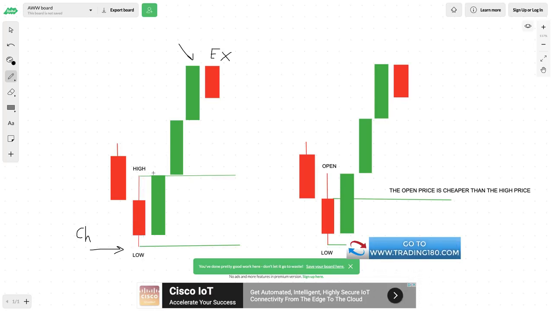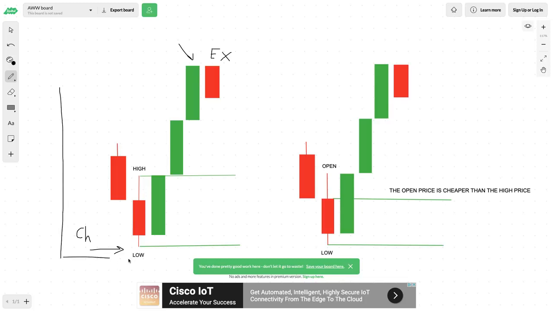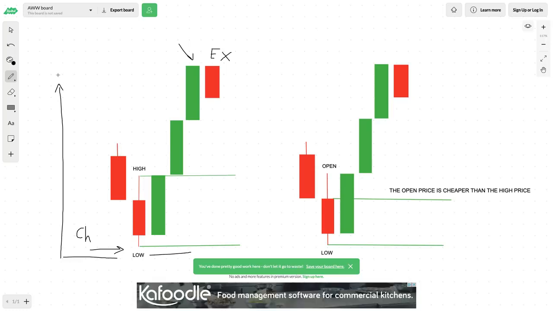So now if we look at the actual zone and where we want to buy in the zone, the high of the candle compared to the open of the candle, which price would you say? And this is obviously, if you're looking at a price chart, this would be price and this would be time across the horizontal axis.